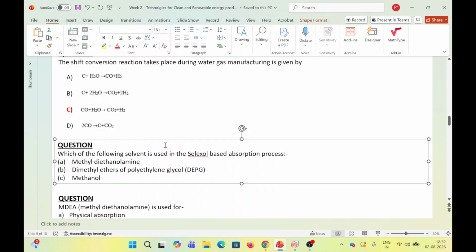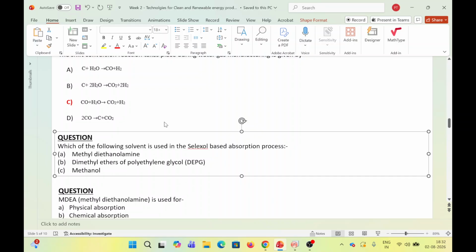No doubts? Okay. So, next question is which of the following solvents is used in the Selexol based absorption process? Is it methanol, methyl diethanol amine, or dimethyl ethers of polyethylene glycol, DEPG?